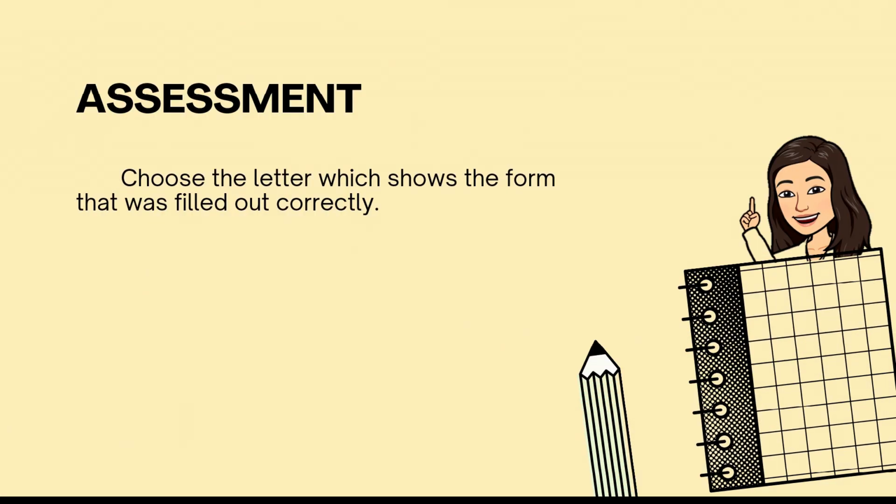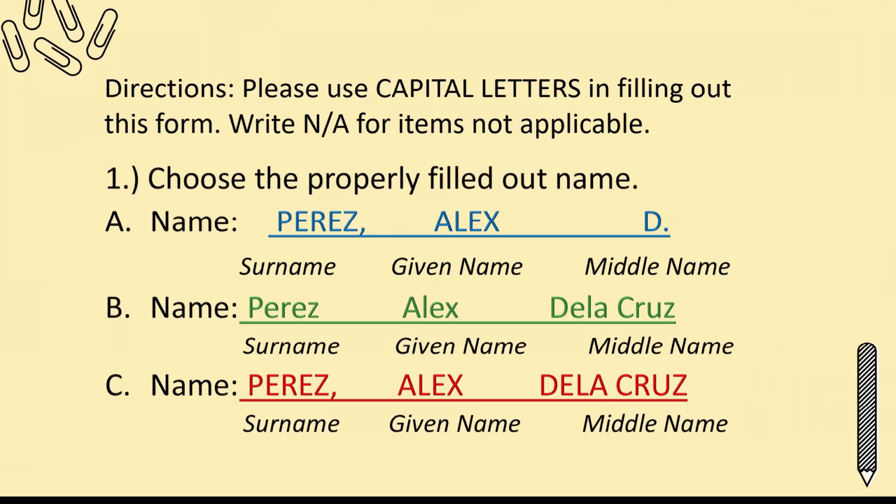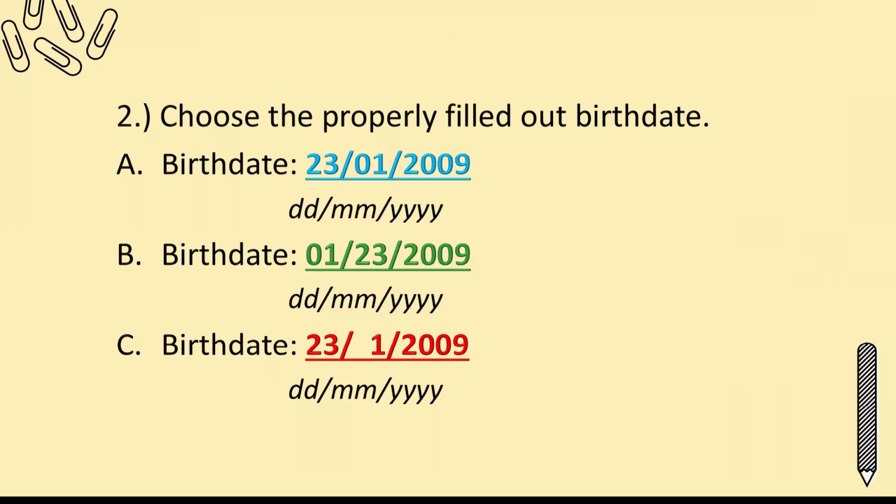Now it's time for some activity. Choose the letter which shows the form that was filled out correctly. You can pause this video and give your answer. The answer is letter C. Next, number 2.